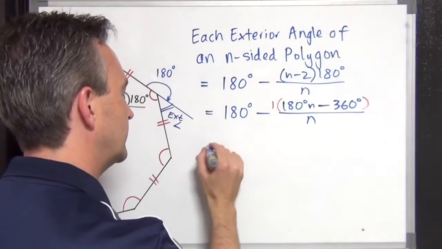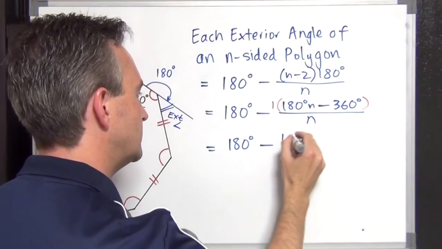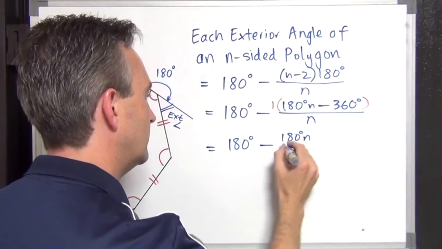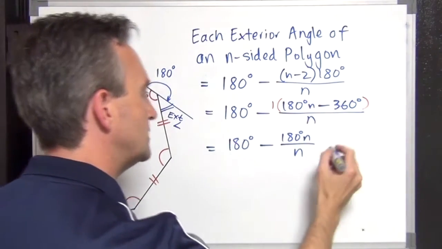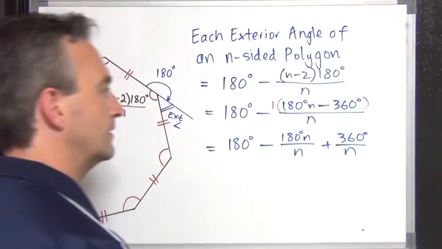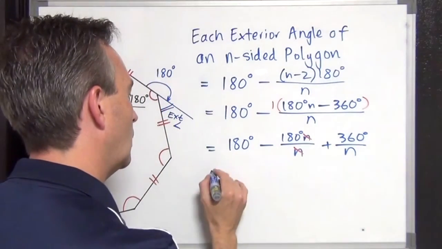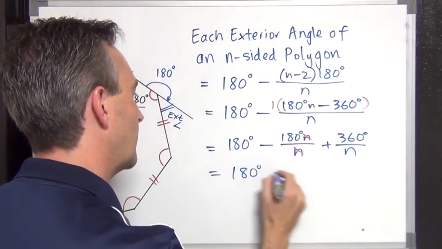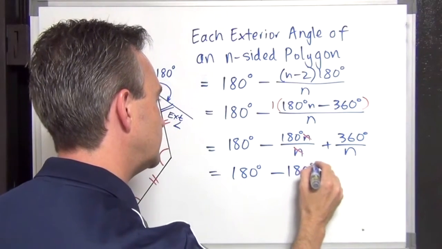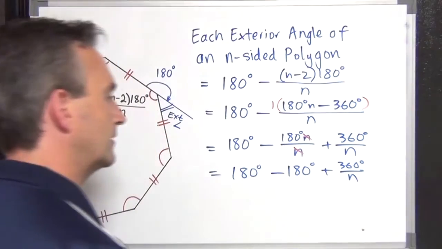So doing that becomes 180 degrees minus 180 degrees n over n, minus minus becomes a plus 360 degrees over n. These n's will cancel out, leaving us with 180 degrees minus 180 degrees plus 360 degrees all over n.